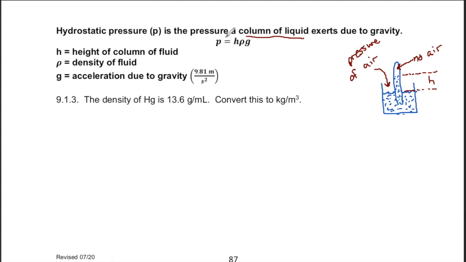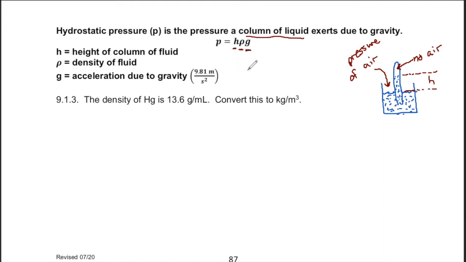So the pressure that a column of liquid is exerting is proportional to the height. A column of liquid that is 20 centimeters high is exerting twice as much pressure as a column that's 10 centimeters high. Also, the density of the liquid has something to do with it. If you have a liquid that's twice as dense, it's going to give twice as much pressure.